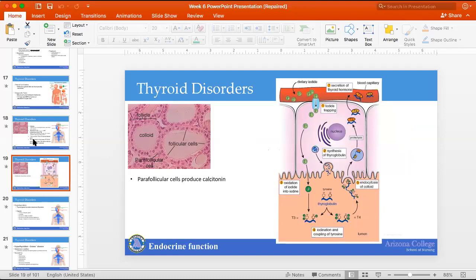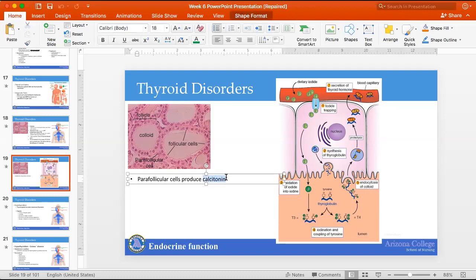So this is just looking at some of the ways that we have the production of this hormone that is called calcitonin. Now, calcitonin is a hormone created by the thyroid gland, which allows calcium to go into bones.